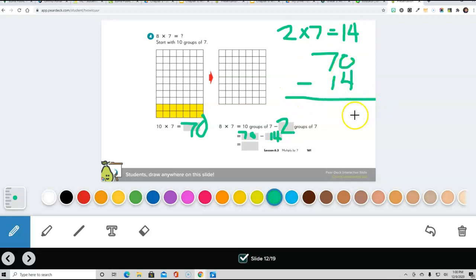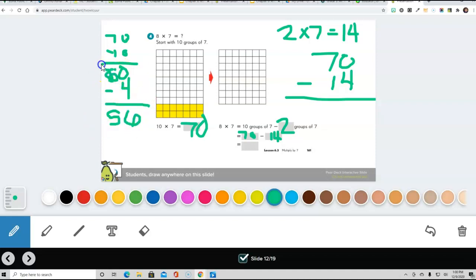Now I could do this a couple different ways. I could do 70 minus 10 and get 60, and then go back 4 more, minus 4, so that's my 14, which gives me 56, because I can do that in my head.